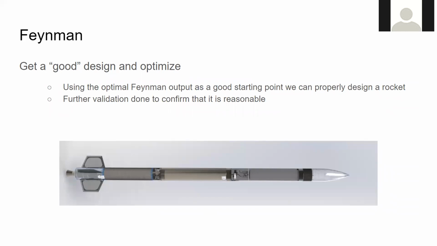Burns for about 35 seconds. We are in the process of building physical prototypes of sections of this and verifying that it will work as we expect. But this is basically how we come full circle and design something.